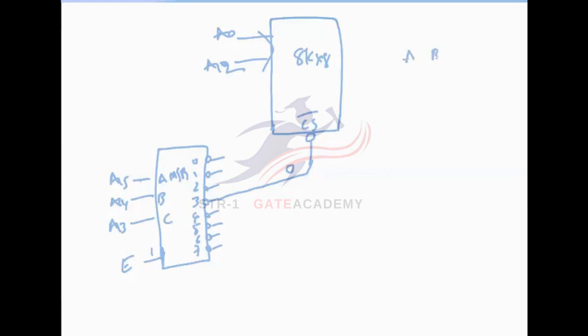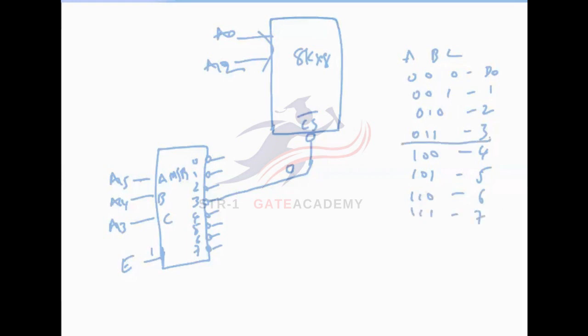A, B, C. 0, 0, 0, it selects the D0. 0, 0, 1, D1. 0, 1, 0, D2. 0, 1, 1, D3. Like this is general decoder operation I am writing here. 1, 0, 1, D5. 1, 1, 0, D6. 1, 1, 1, D7.